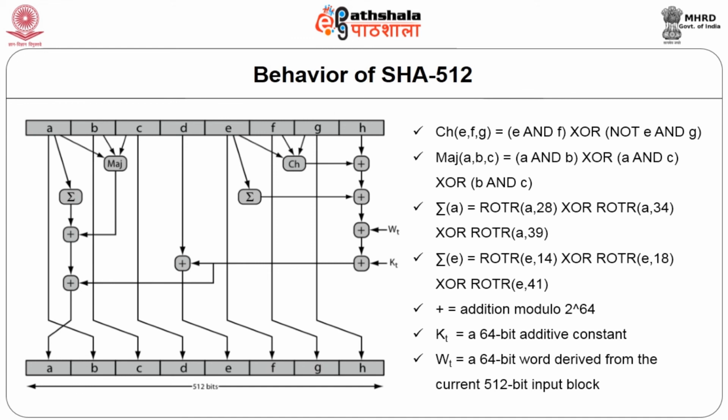For W16 we are going to use W0, W1, W9 and W14. You can verify it by putting them into the equation, and so on. We will keep on repeating the process up to W79. All the values, how to generate them and how to process them, is clear to you.